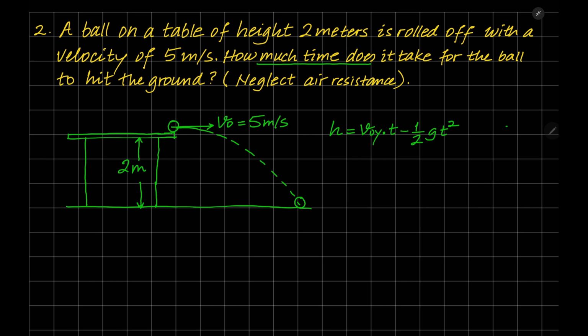The height of the table is 2 meters, that means it's negative 2 because it's below the reference point. So negative 2 is equal to the initial vertical velocity component, which is 0, minus 1/2 times 10 times t squared.